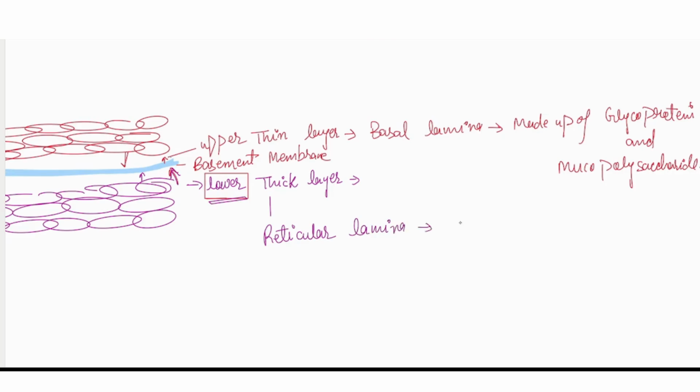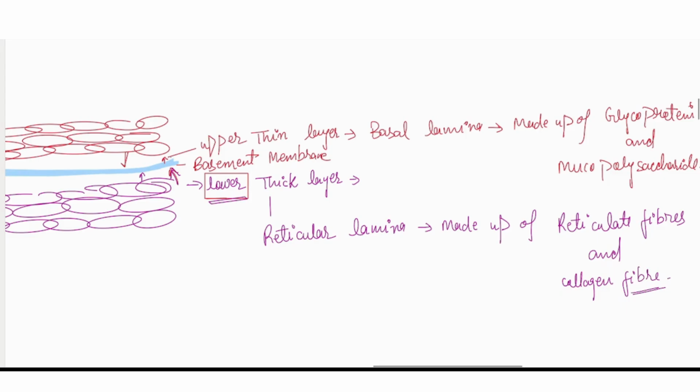It is made up of reticulate fibers as well as some collagen fibers. So the reticulate and collagen fibers are in the lower part.